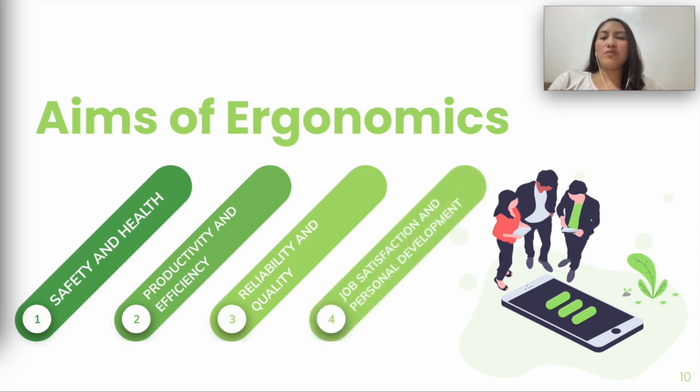Fourth, we have job satisfaction and personal development. Who would not want to be satisfied in their job, and who would not want to be developed in their workplace? Ergonomic intervention has improved the level of job satisfaction and employee retention.